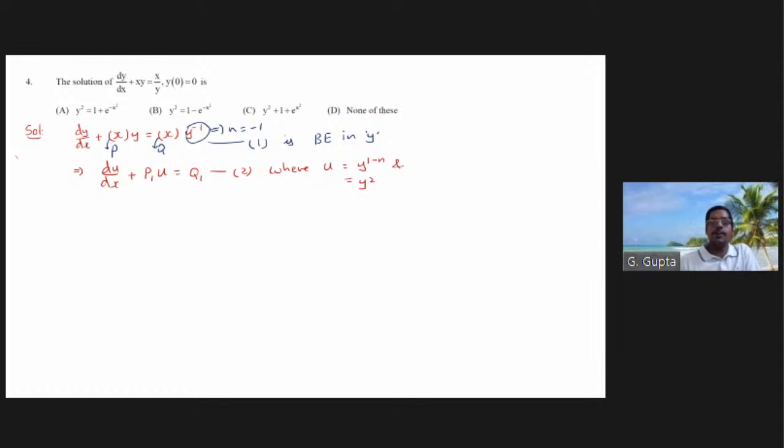And p1 is equal to p into 1 minus n. P value is x, 1 minus n is 2, so 2x. The q1 formula is q into 1 minus n. 1 minus n is 2, q is x, so this becomes 2x.